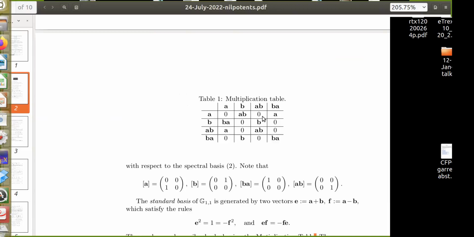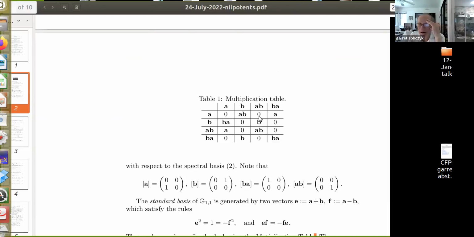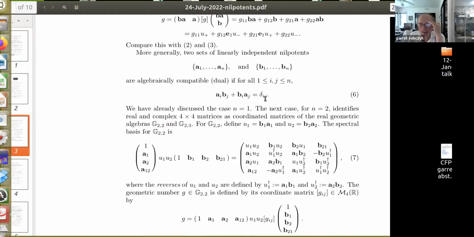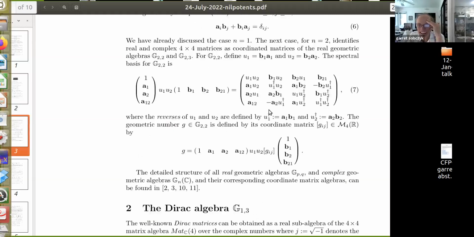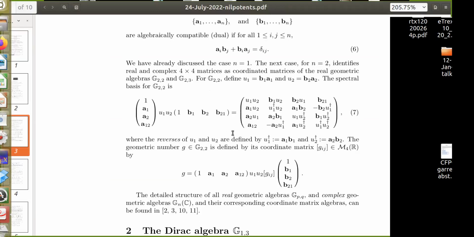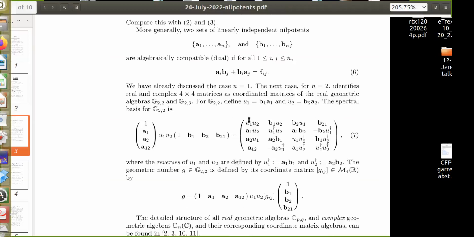Well, we could write a multiplication table for the next case, but of course it's much bigger. And I'm not doing that, but here it is, that's the multiplication table. How do you know that this expression 7 is necessarily the spectral basis? Okay, well, look at 6 again. You can get it from this basic rule 6.